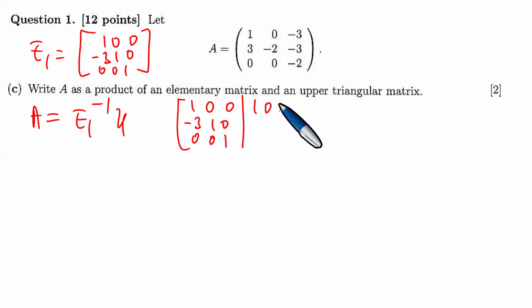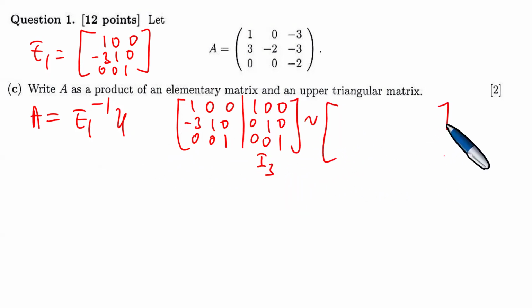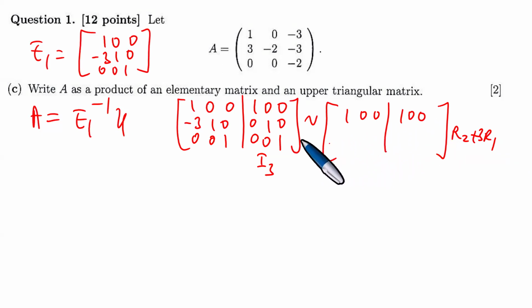And then we have 1, 0, 0; 0, 1, 0; 0, 0, 1, so you augment it with I3 here. Now you perform the row reduction. To get the inverse, we need to make sure that here we have the identity, and it's very easy, just one row operation: row 2 plus 3 times row 1.